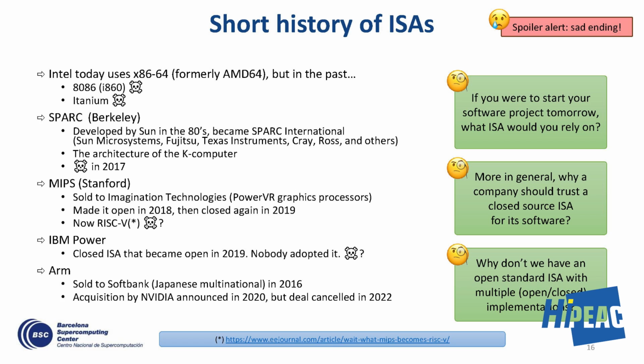It was funny because when I moved to Barcelona Supercomputing Center, that same week I had a contract with Imagination Technologies to develop things on MIPS in the UK, and I decided to go to BSC to continue doing research instead of jumping to a company.